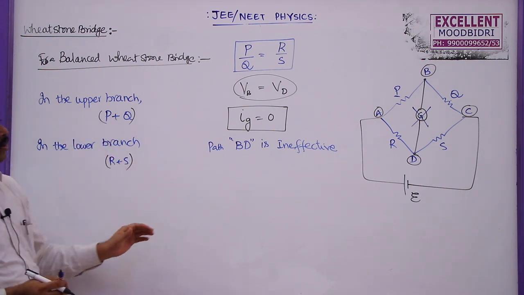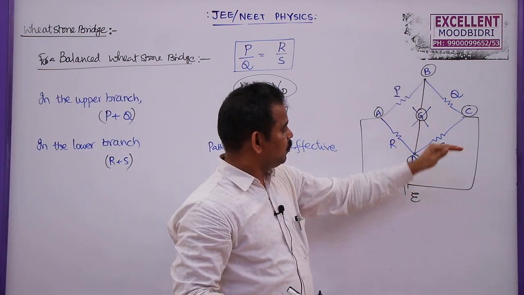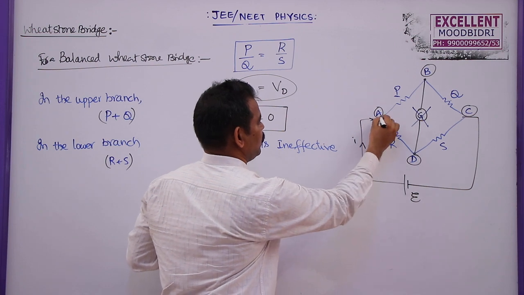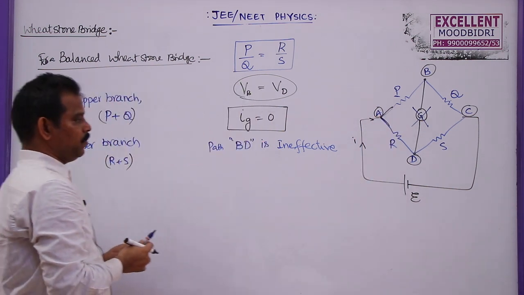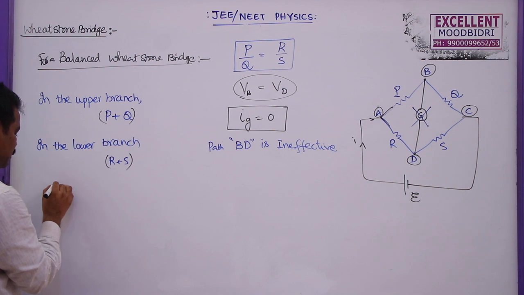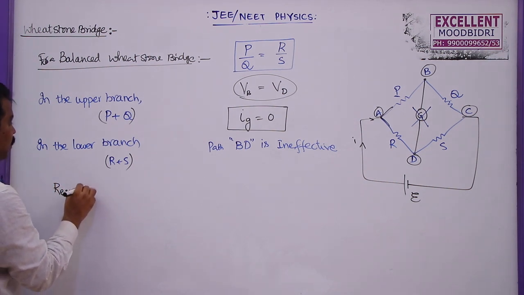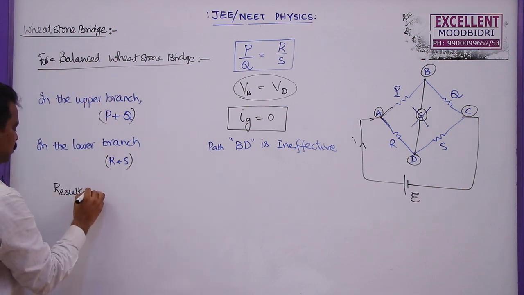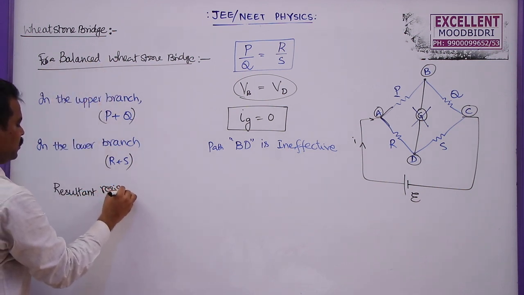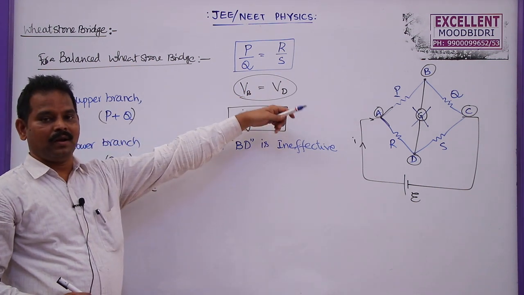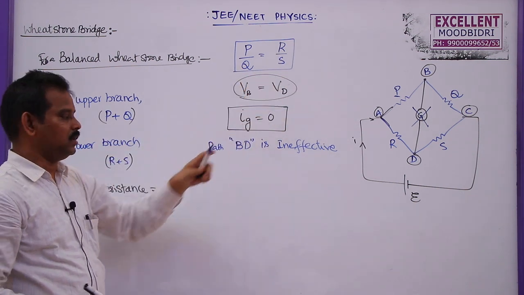Now these are the resistors. Now the upper branch and lower branch are parallel to each other. Why? Because whatever current is coming here will divide into two parts here. Now from this we can write the effective resistance or resultant resistance of this balanced Wheatstone bridge. The resultant resistance is given by, as these two are parallel, R1 R2 by R1 plus R2.